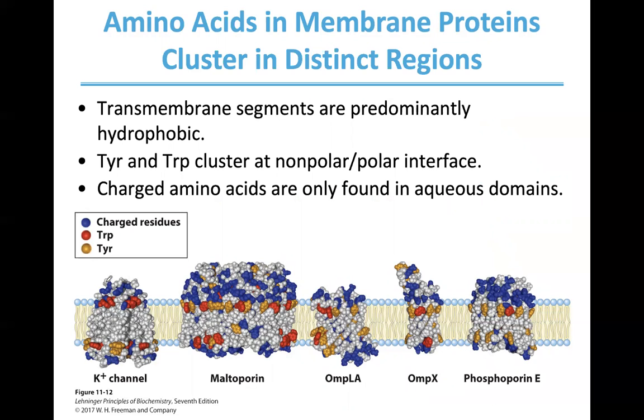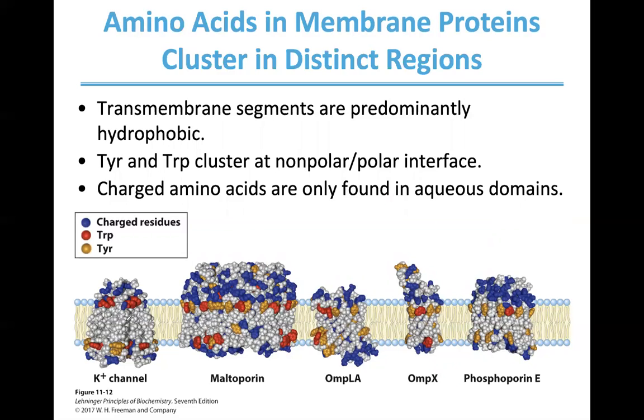You can see here on the outside, these are going to be charged residues, the blue ones, right? And the portion of the channel that spans the membrane is going to be hydrophobic.